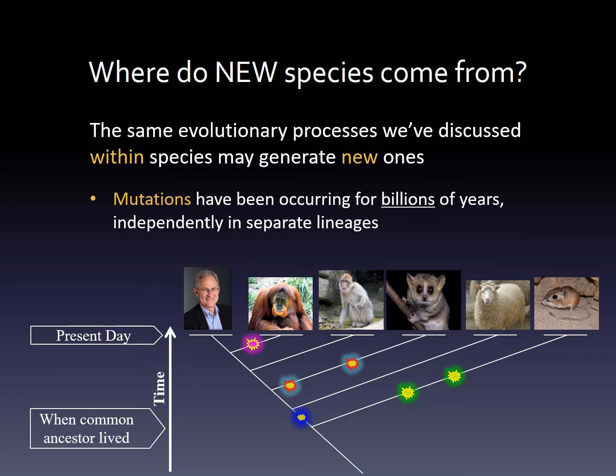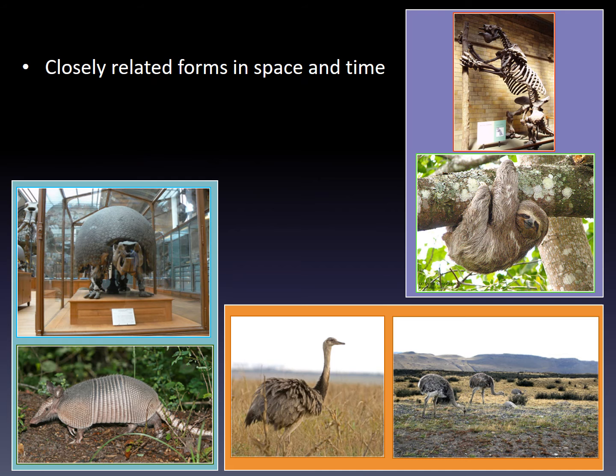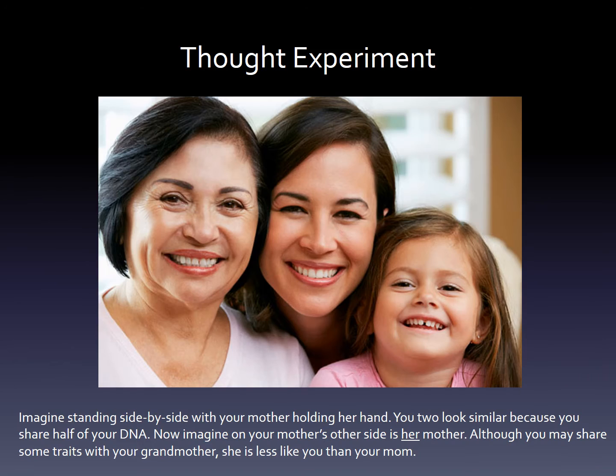And those separate sets of mutations accumulating can lead to differences that eventually cause the organisms to diverge and to become different species. And the slow accumulation of genetic differences accounts for the blending we see, so closely related forms in space and time. One species could evolve into another.